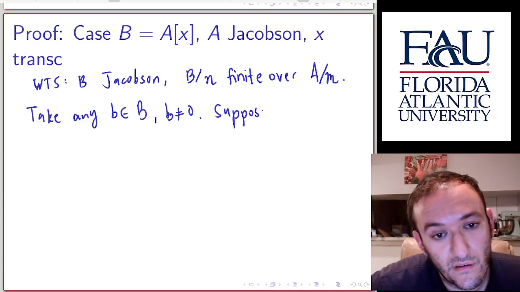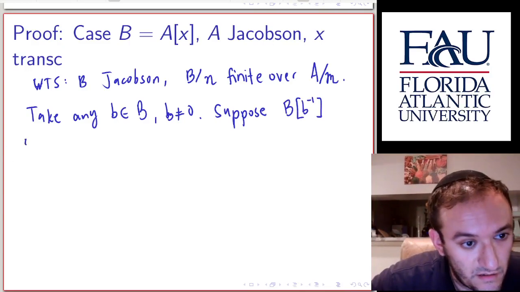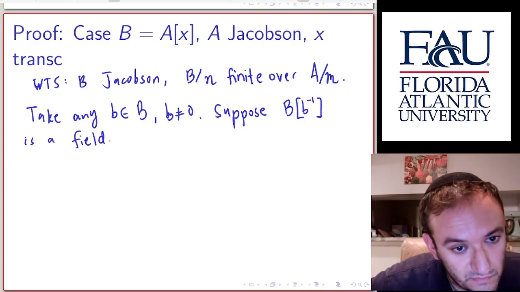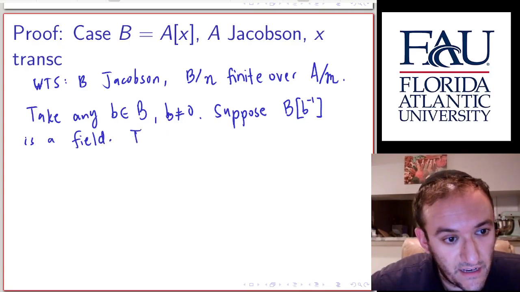Suppose B adjoin b inverse is a field. Okay. What does that mean for us?